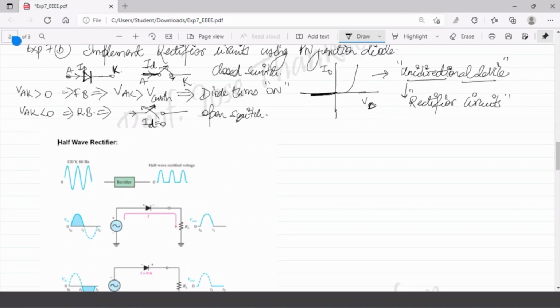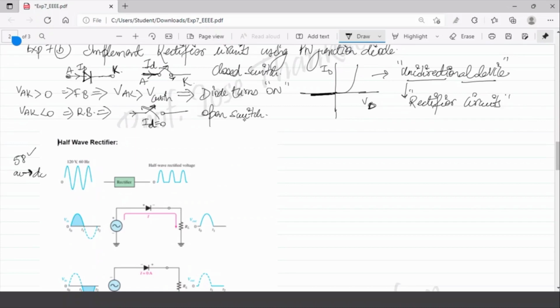It converts AC to DC. Okay, good. 58 is saying it converts AC to DC. How does it convert AC to DC? It has diodes inside it, that is these PN junction diodes.